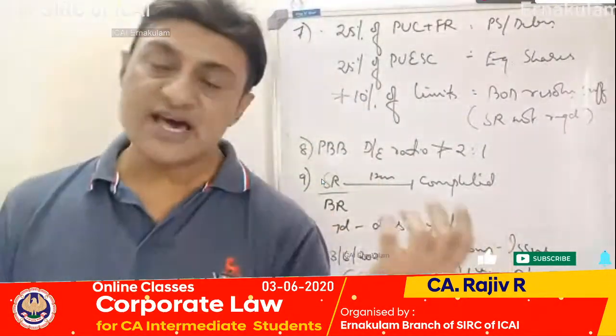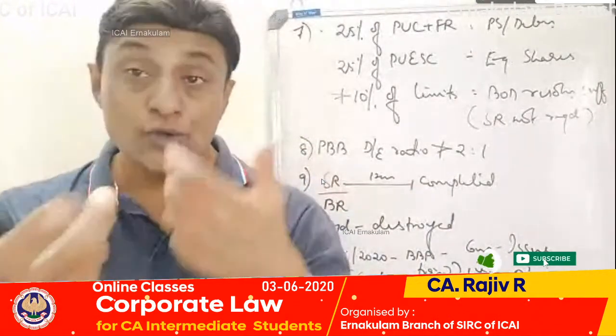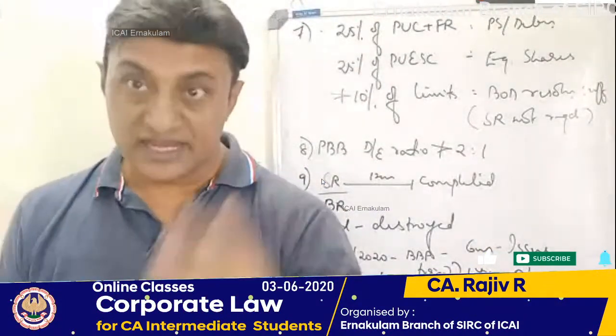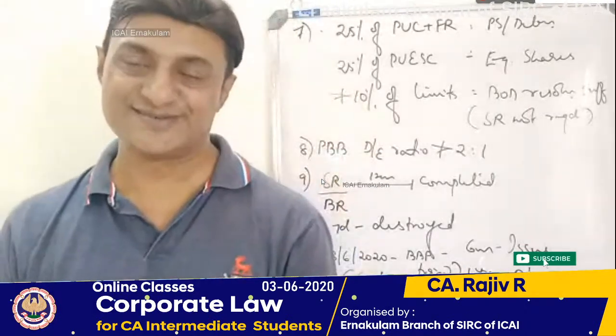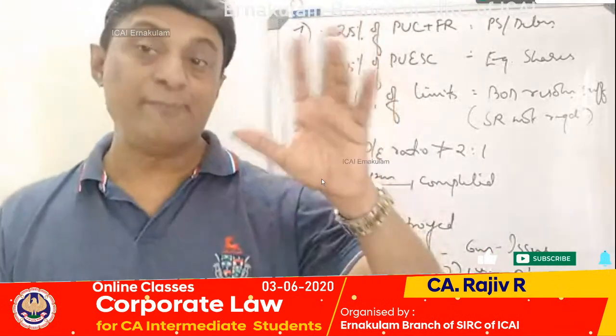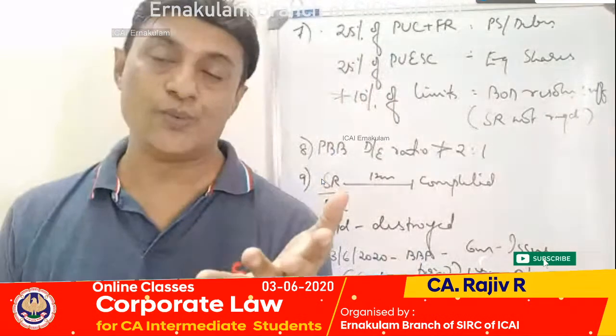So all these are tools which the Companies Act is giving to you. How you use it, when you use it, where you use it, it depends on your skill. This is what the MBAs are taught. MBAs actually learn, MBA finance. How to do, what to do, when to do.